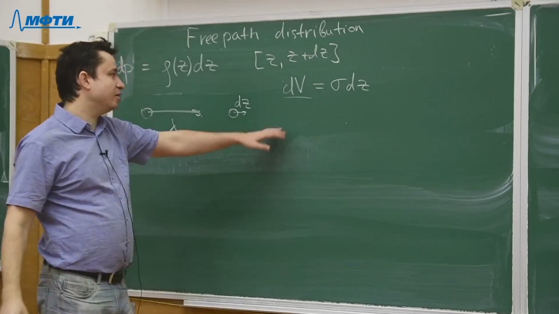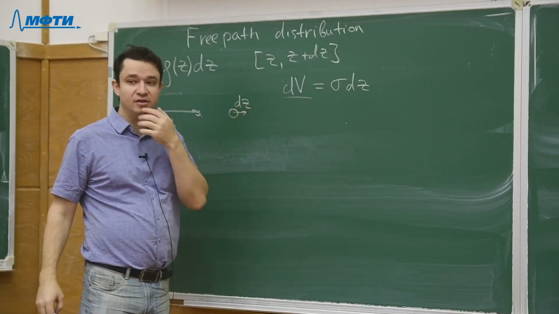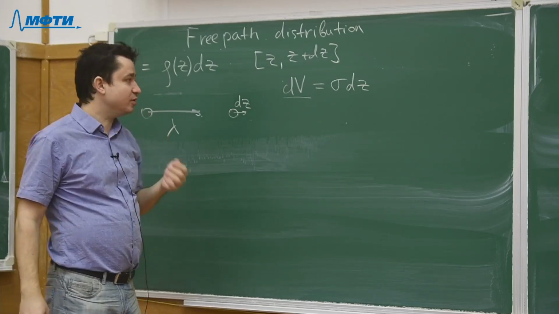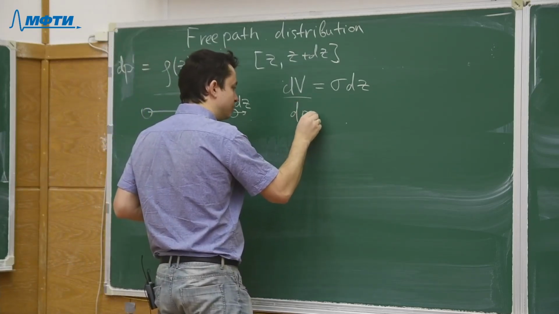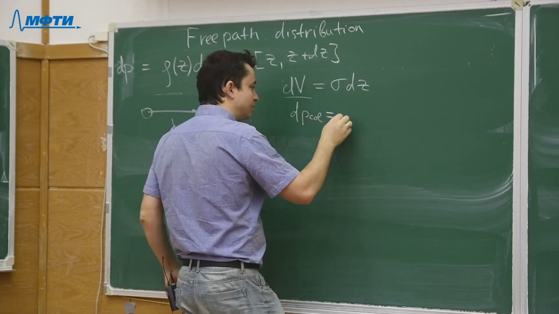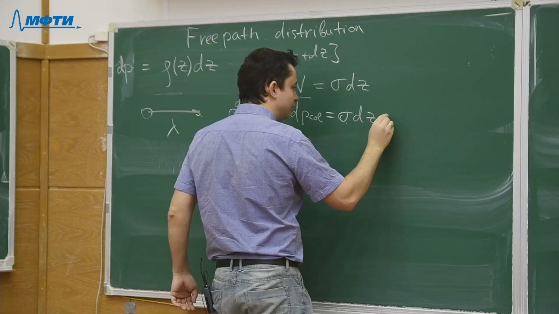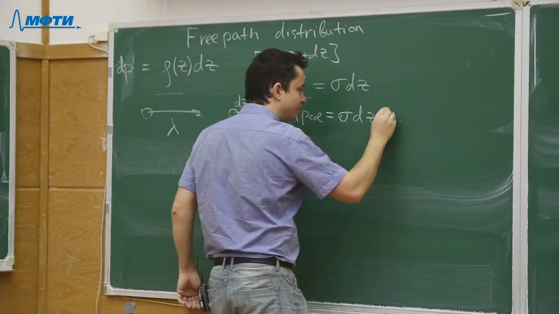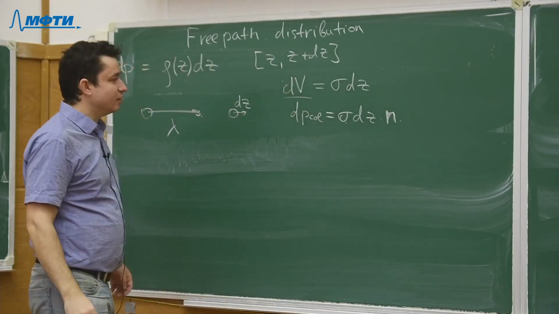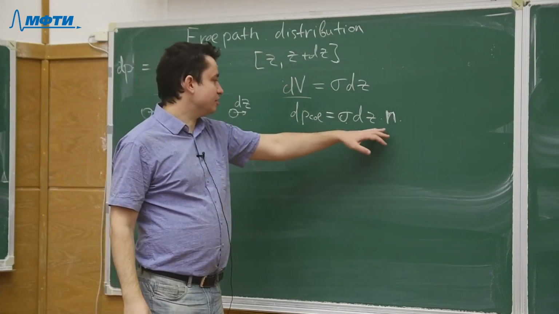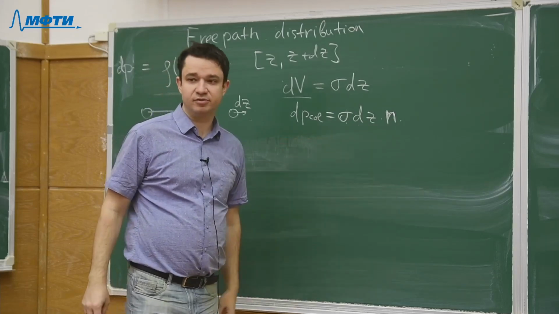So dp collision would be sigma dz multiplied by n. As you see, this probability is quite small as long as dz approaches 0.